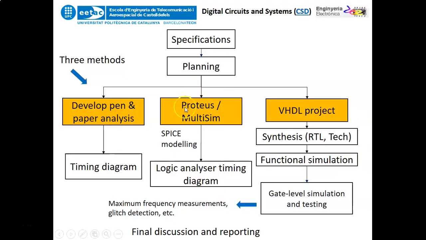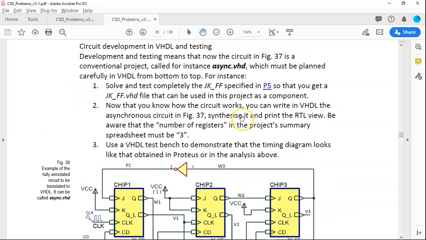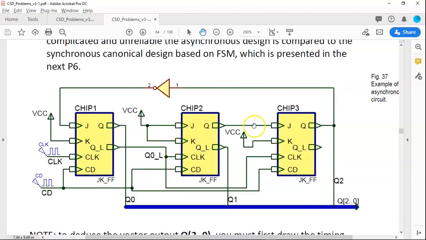Okay, so you've been solving this in Proteus or Multisim, SPICE-like modeling. If you want to do the same in VHDL, well, you know that you cannot rush here. You know that you need a plan. And if you pay attention to this given circuit, this is the given circuit, you see that it's pretty finished, but it is not finished to the end because some signals have no name.